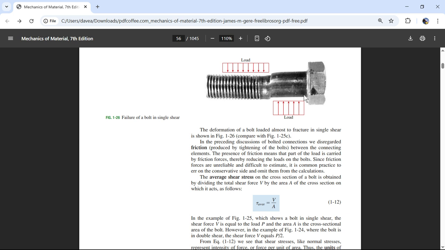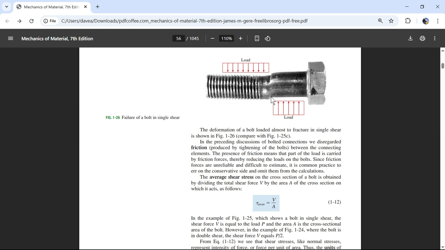Normal forces always act perpendicular to that area, whereas the loads in shear act parallel to it. Did I say that right? Parallel versus perpendicular.